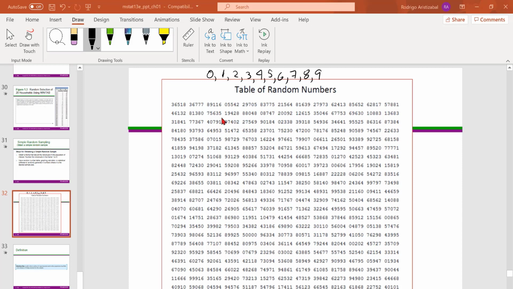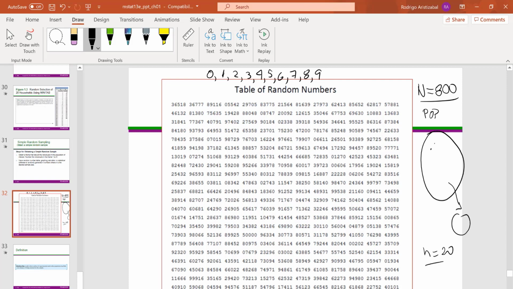We can divide this column in groups of 4 or 5, whatever, only for reference. And we can start at any point to obtain random numbers. Suppose that the population consists of 800 items. We use capital N, and from this population we want to select a sample of size 20.